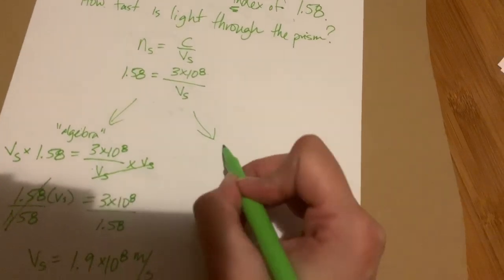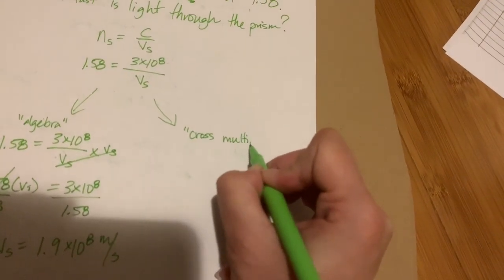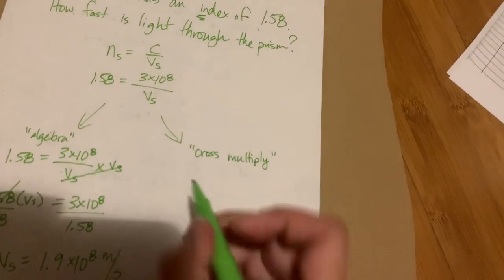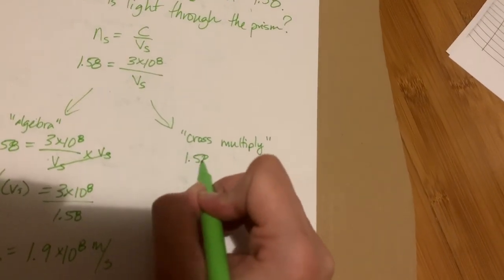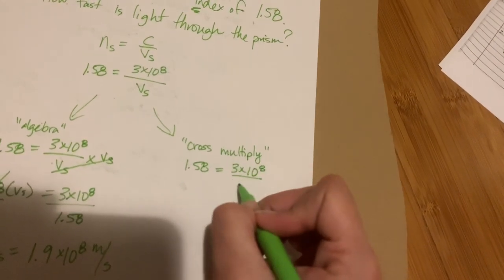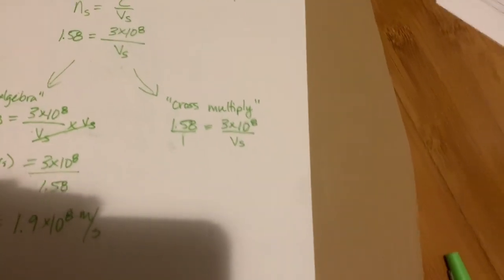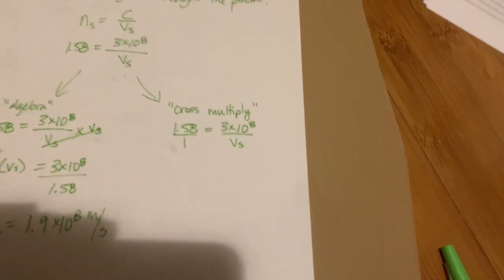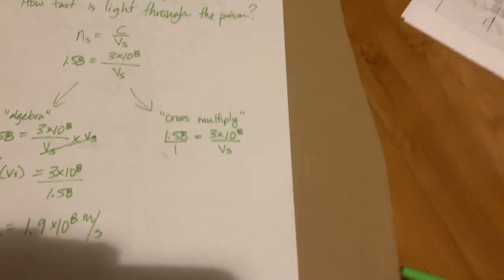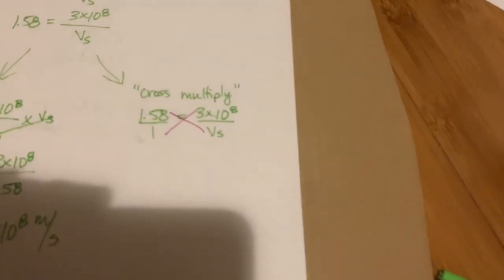The other way that I can think of is the cross multiply method. And so we'll go back to the original here. Well, 1.58 is the same as 1.58 over 1. And so from here, we can cross multiply.